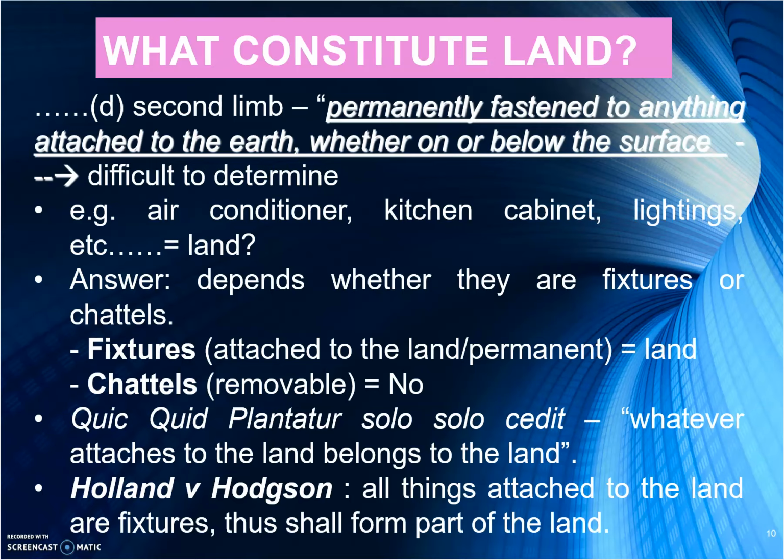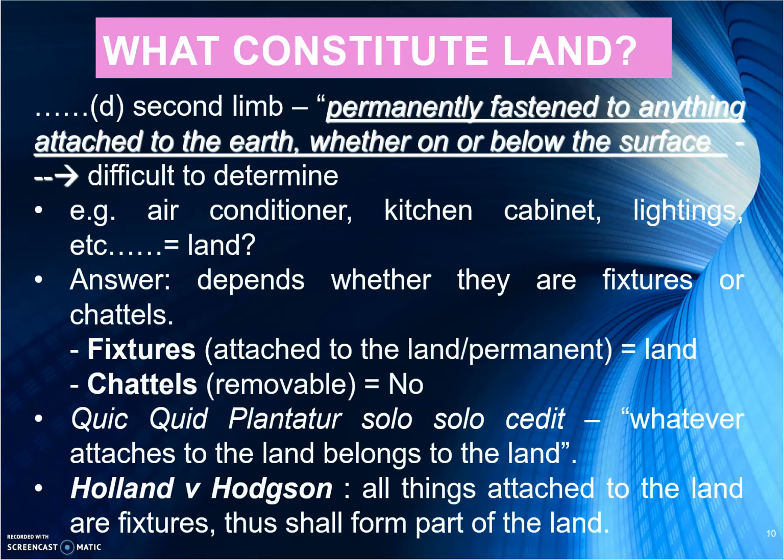For example, let's say, can we just find a name? Mr. Ahmad, when he wanted to buy a house from the vendor, finds that there's an air conditioner still installed. What else? The fan, the lightings.